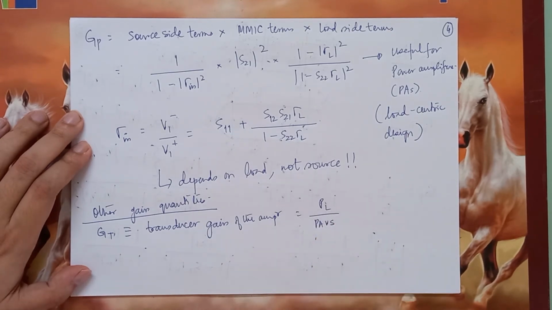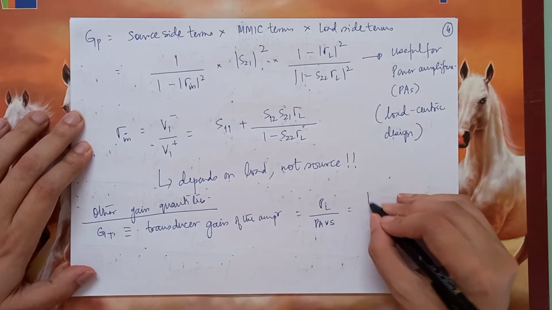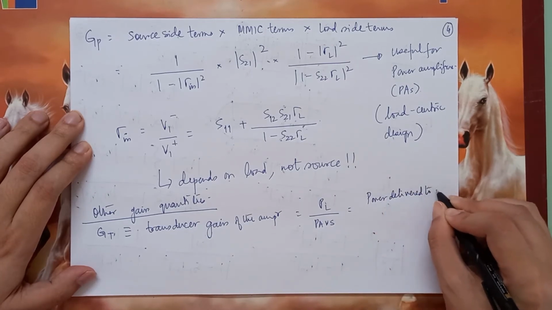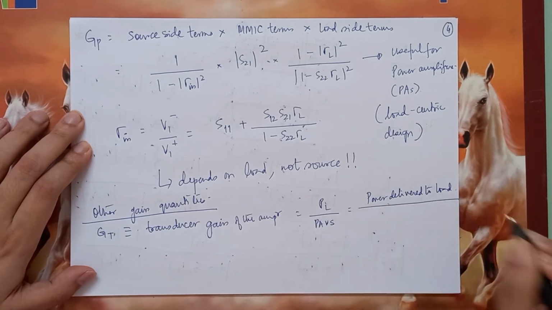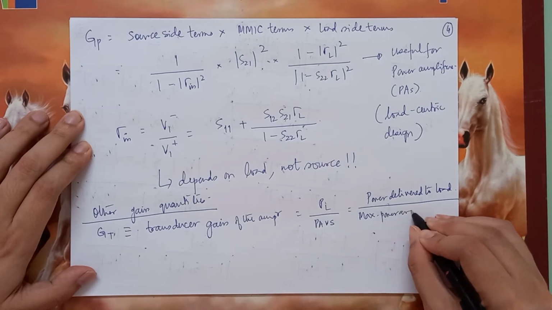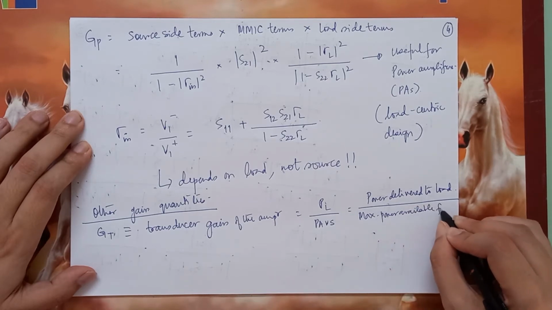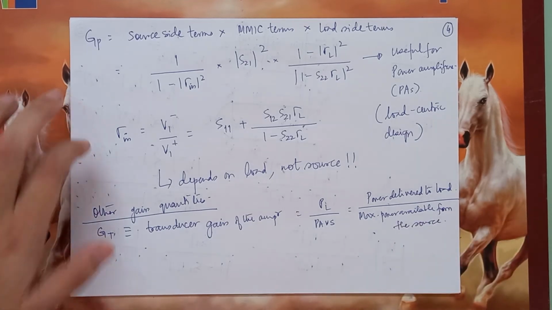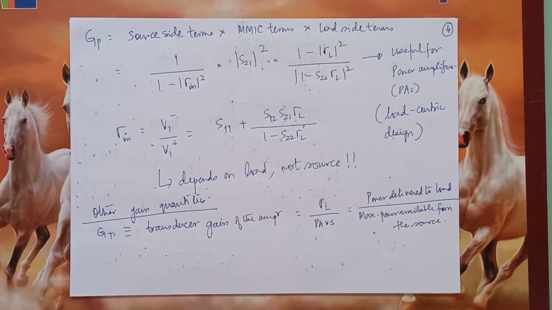Now PL means the power delivered to the load. Now what is PAVS? PAVS is the maximum power that is available from the source. This is called as transducer gain.